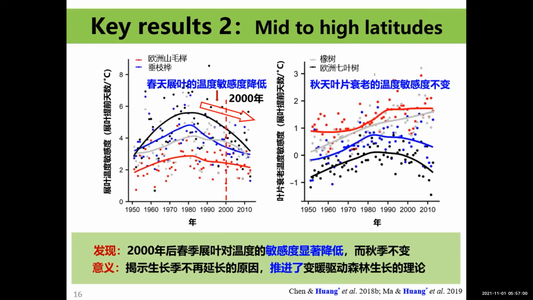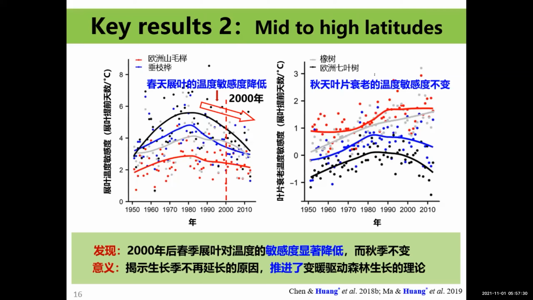When we found this, it was really interesting, so we wanted to know why. We analyzed the sensitivity of leaf unfolding, flowering, and bud burst to temperature, which is how many days advanced or delayed per degree of temperature change.